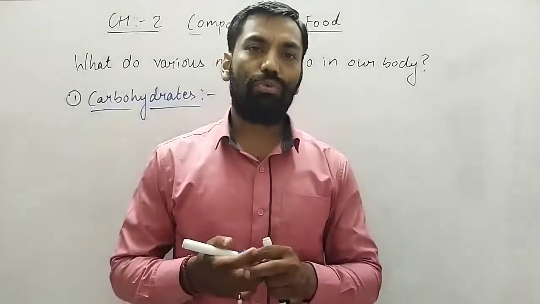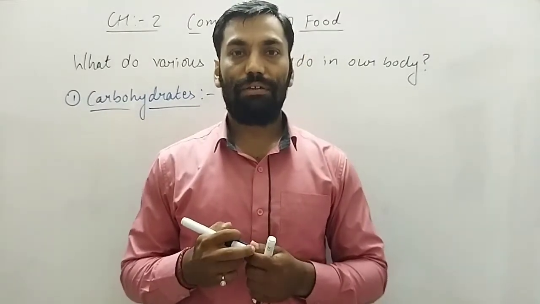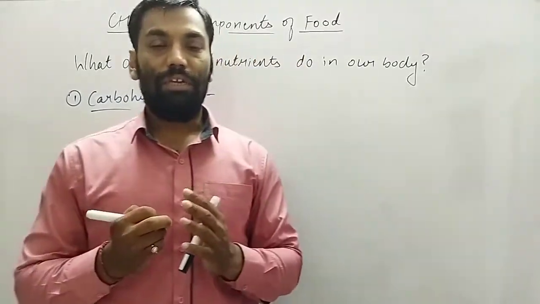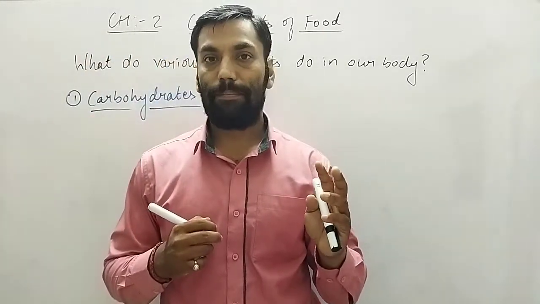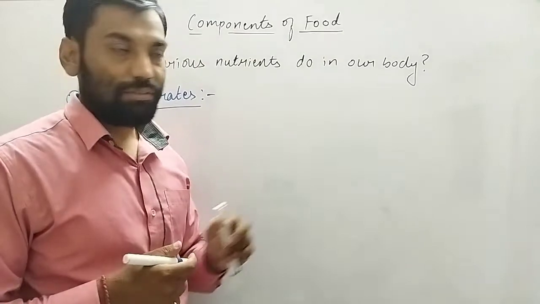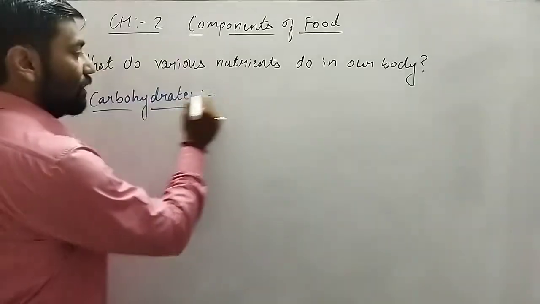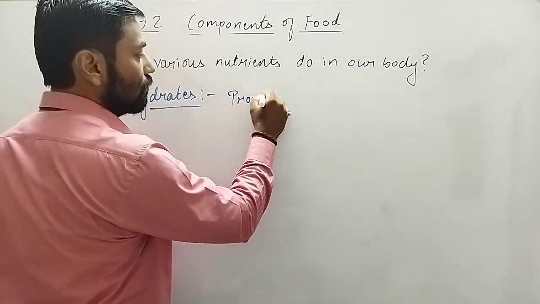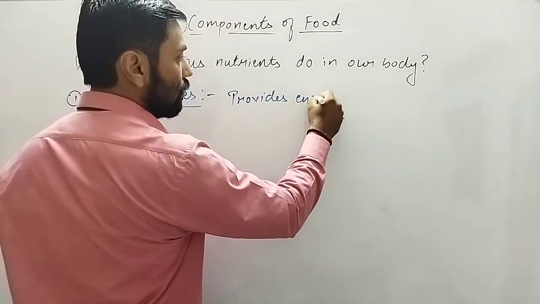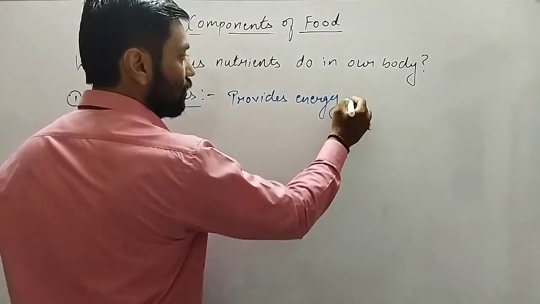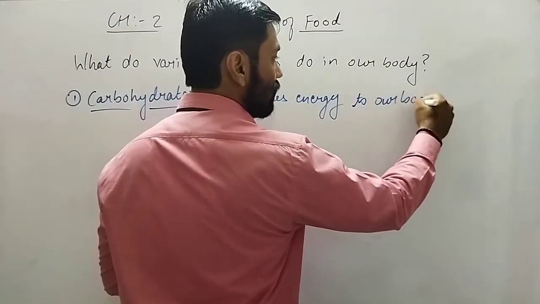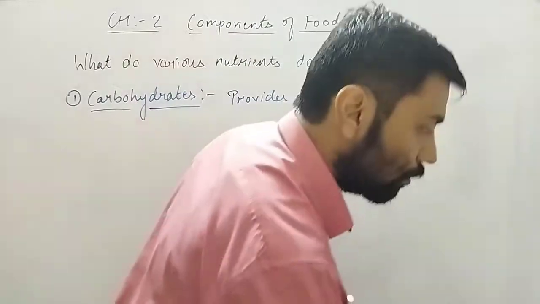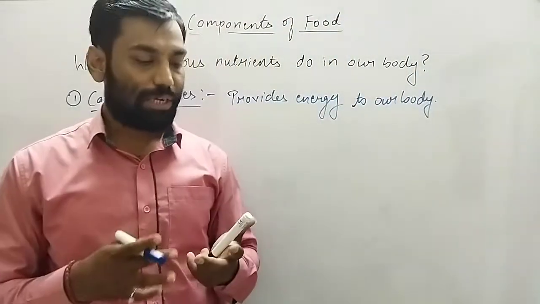What do carbohydrates do in our body? From morning till we sleep at night, we are doing various kinds of activity, so we need energy to do that. Carbohydrates are the ones which provide energy to our body. Understood? From which foods do we get carbohydrates?